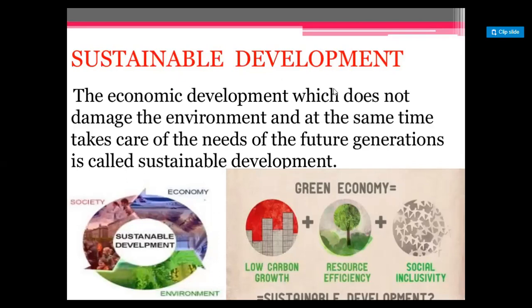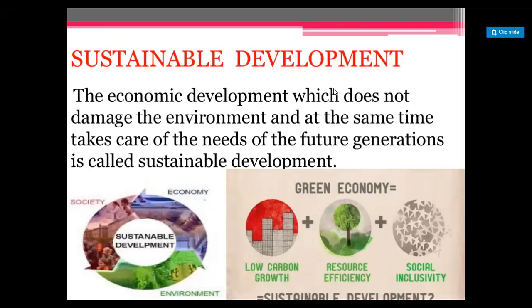Yes, this is the exact definition of sustainable development. Because sustainable development has two parts. Not only thinking about the present, but we have to think about the future also. And the present need is to develop without damaging the environment. And for the future, we have to utilize the resources in such a manner that we can save them for future needs.